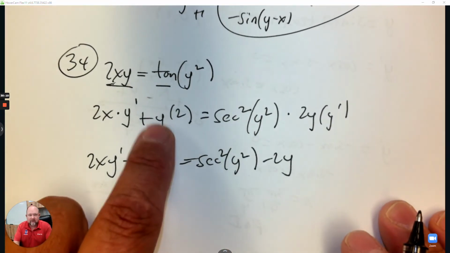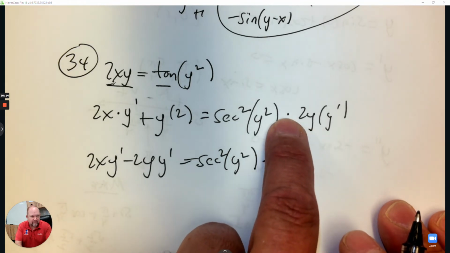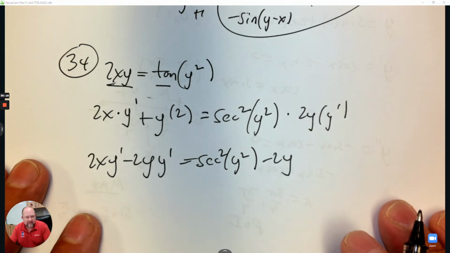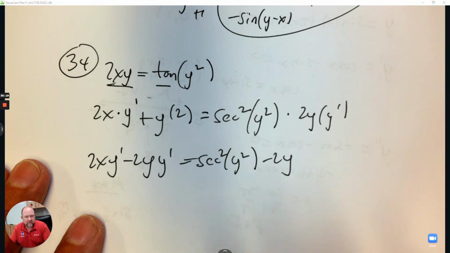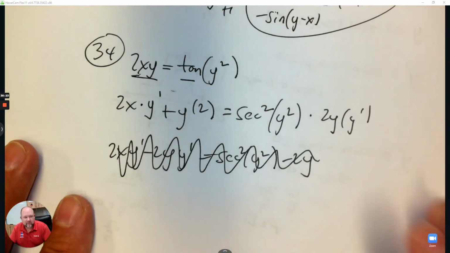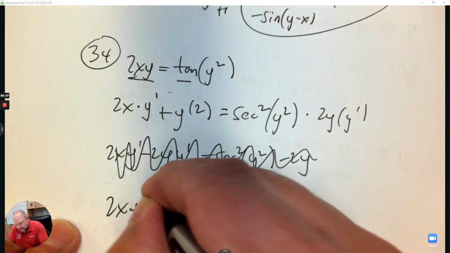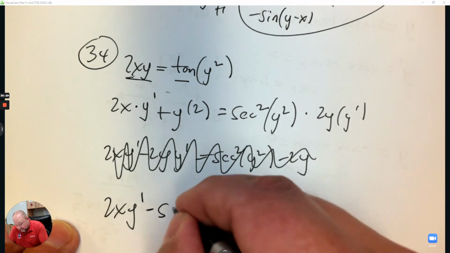So I rearrange it. I subtract 2y. Does that mean subtracting? So I got to divide, right? So I got to bring them together. So instead of this, let's rework this. Because I'm multiplying, these actually go together. So we have 2x y prime subtract all of that.